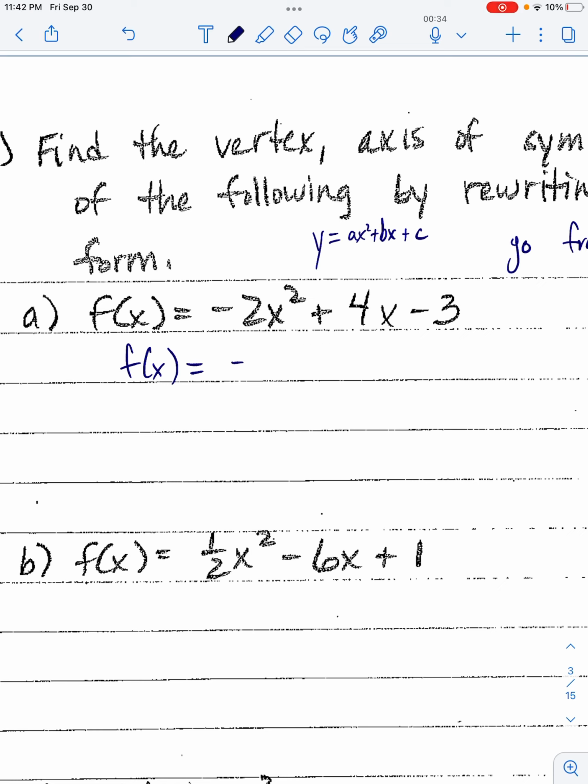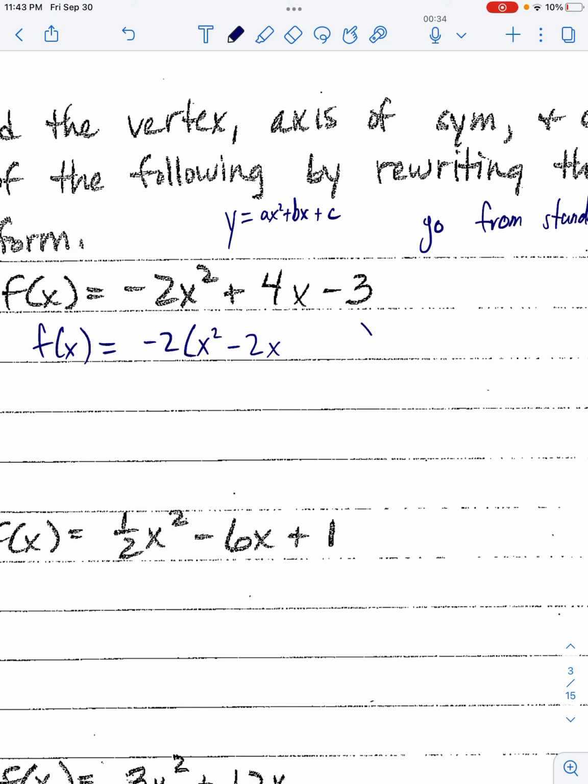It's going to be -2 times x squared minus 2x, and I'm going to leave a little space, -3. So I just factored out the lead coefficient from my first two terms. That's the first step.